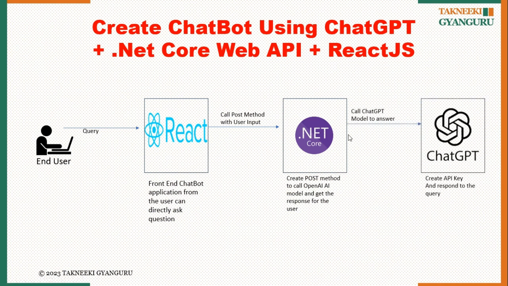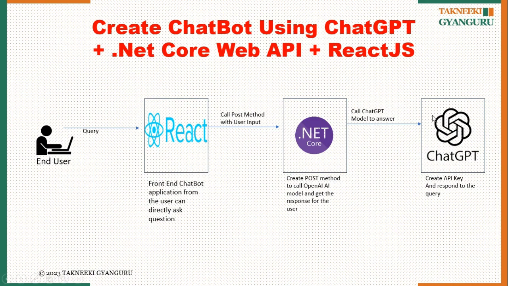And this .NET API will call the ChatGPT model. We will use a pre-trained model that is free. There are multiple models available: ChatGPT 4, ChatGPT 3.5 Turbo, and a lot of others. We'll see which free model we'll use.